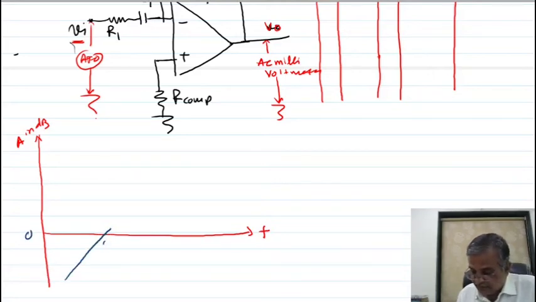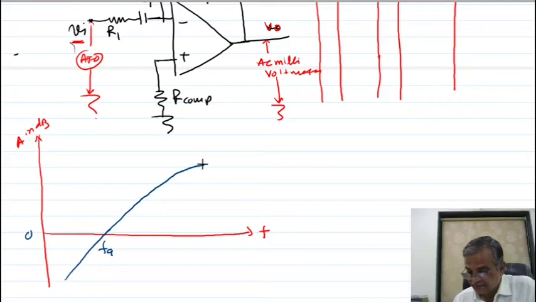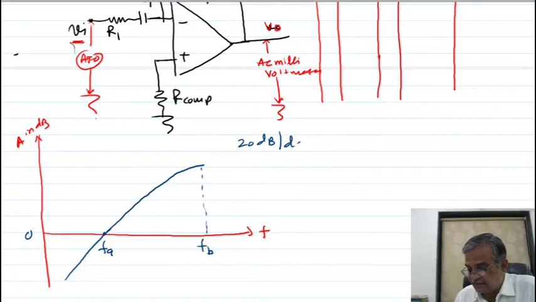This is a frequency FA at which your gain is 0. As frequency increases, the gain increases, as we have already discussed. After FA, gain increases by 20 dB per decade, which means every increase in frequency by a decade increases your gain by 20 dB.